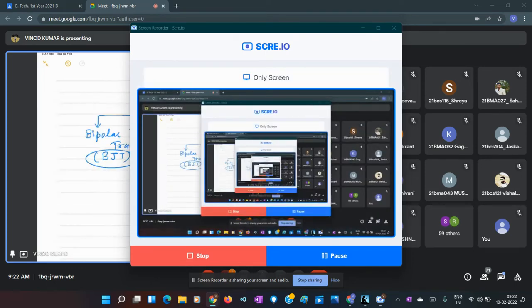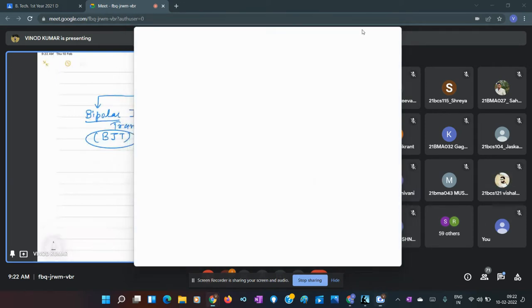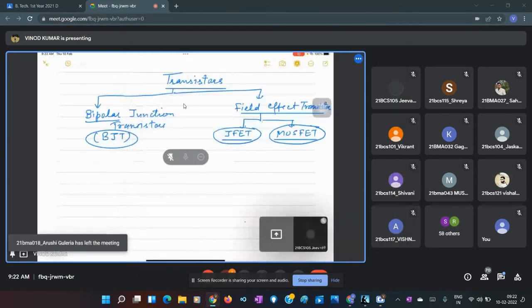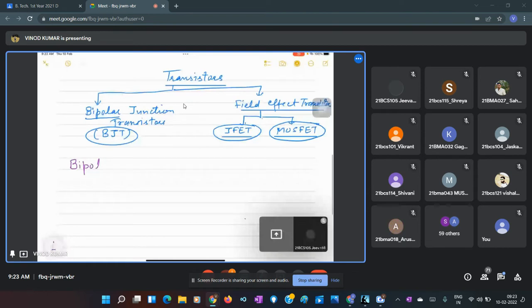So this is the most important thing, that this is bipolar. Bipolar means junction transistors.